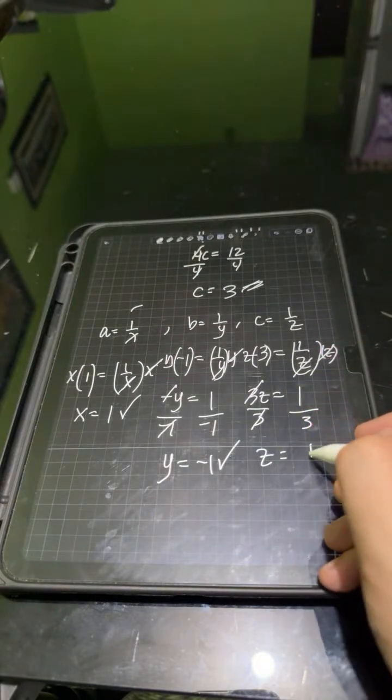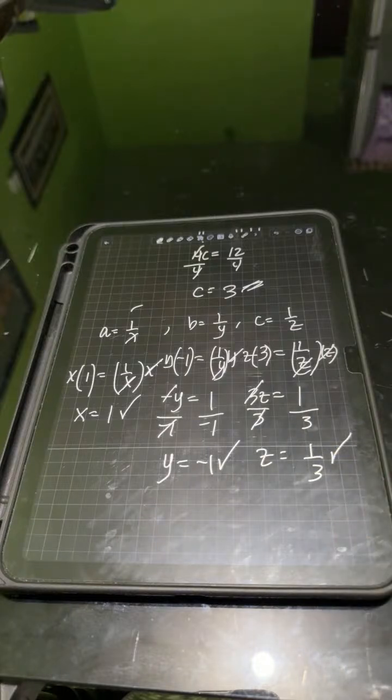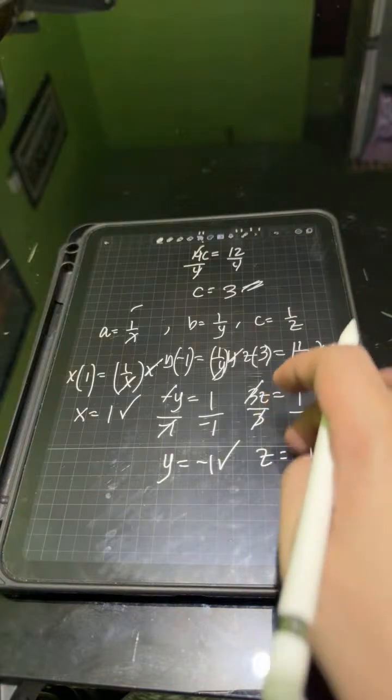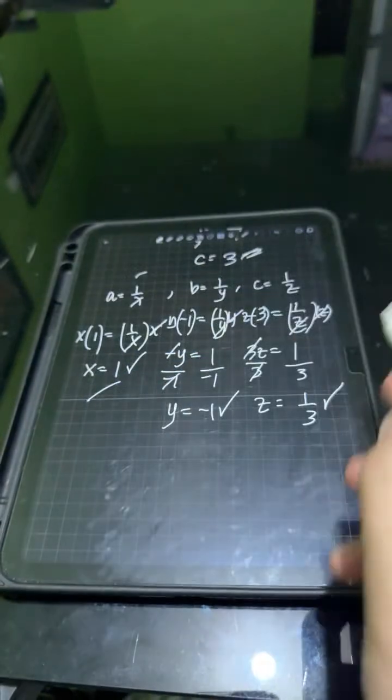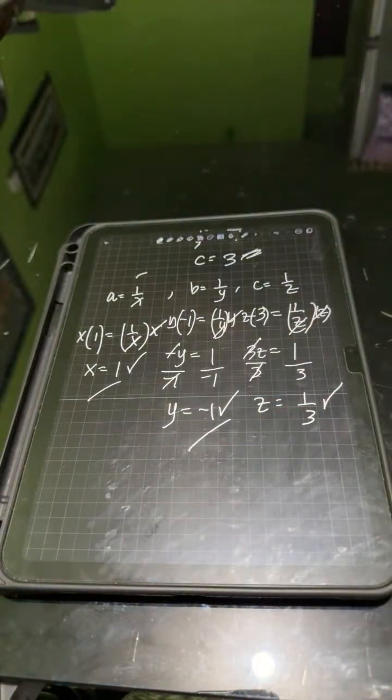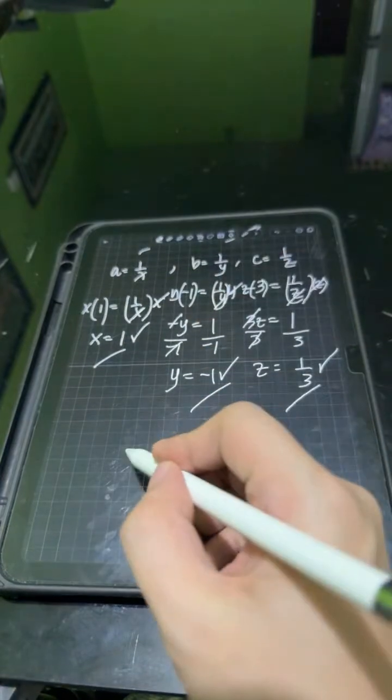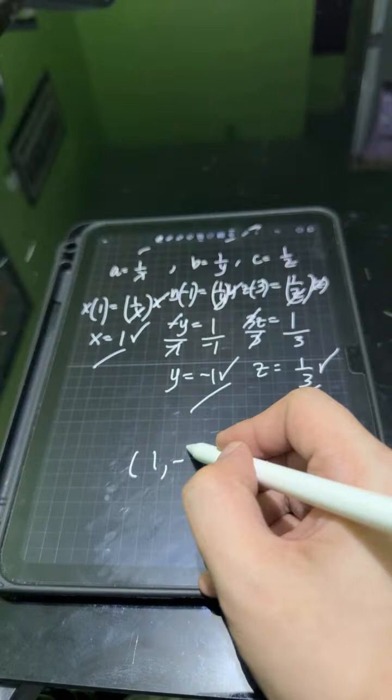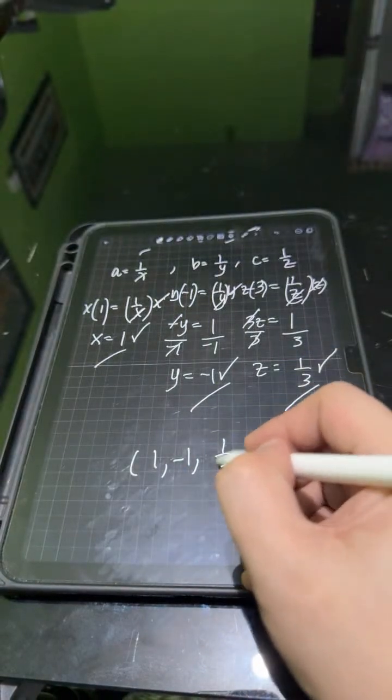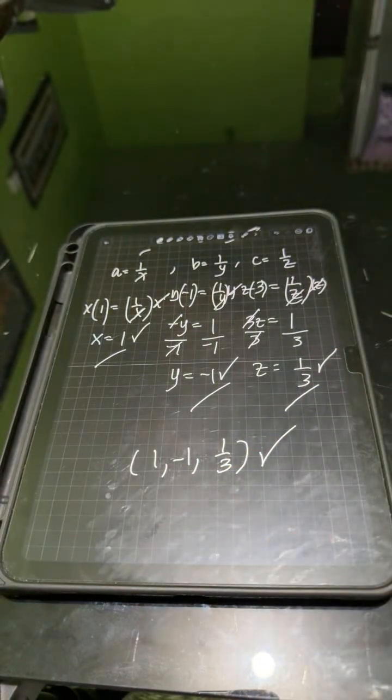Therefore, z is equal to 1/3. So therefore, the solution for the system of equations is that x is 1, y is negative 1, and z is 1/3. Or the coordinate 1, comma, negative 1, comma, 1/3. Okay?